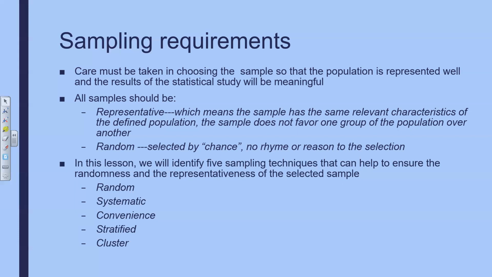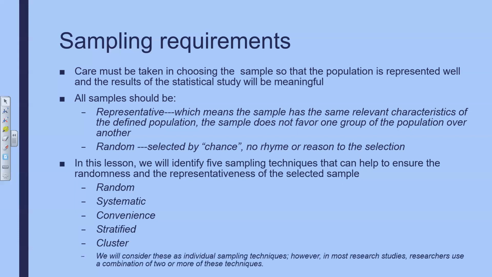Now, for our purposes in this course, we're going to look at those 5 different sampling techniques as standalone techniques. That we're only going to use the random method, or we're only going to use the systematic method, or we're only going to use convenience.